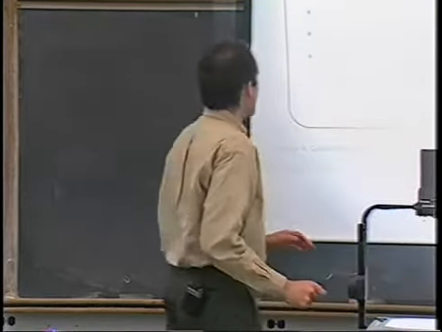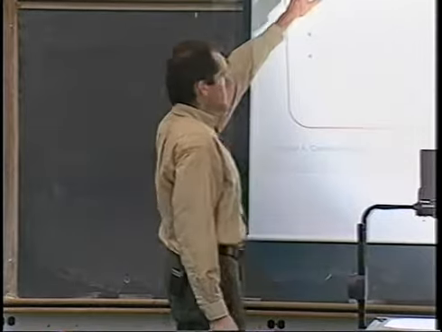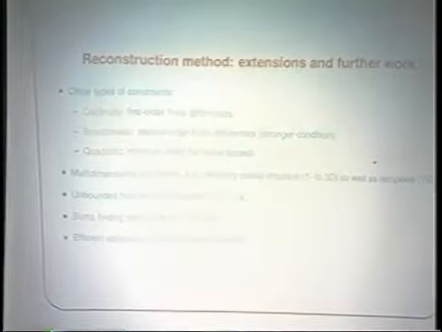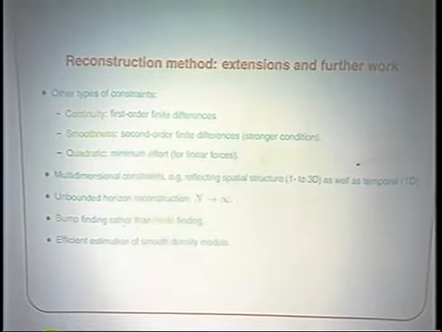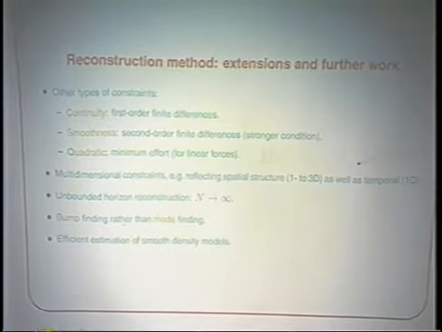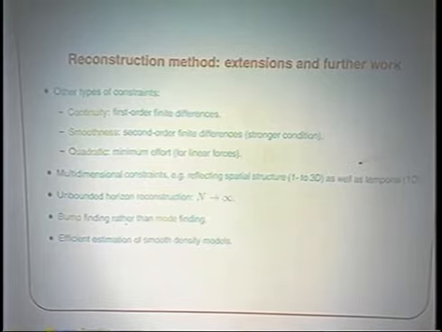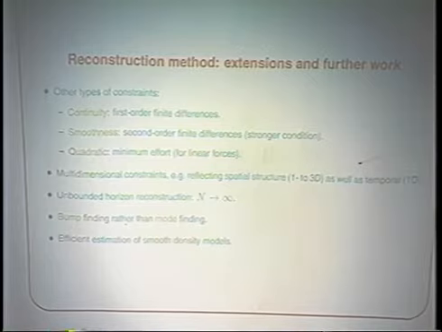I have talked about continuity constraints, which are first, a discretized version of the gradient or derivative, but depending on the problem, you may be more interested in smoothness, which is a second-order differential operator, as a constraint, or quadratic.